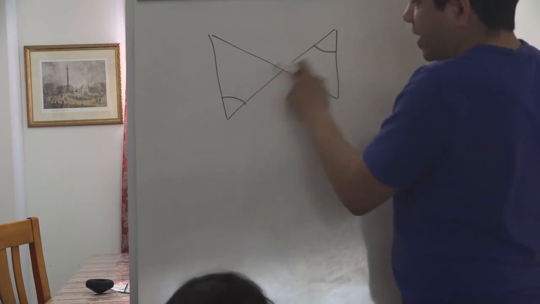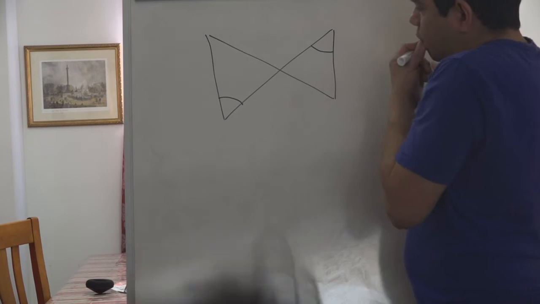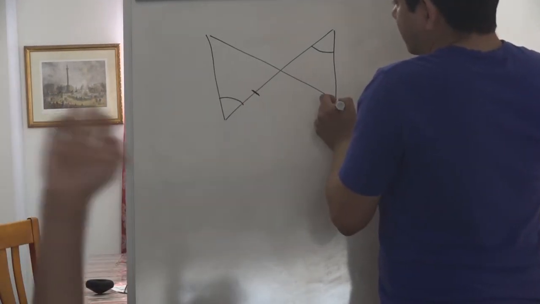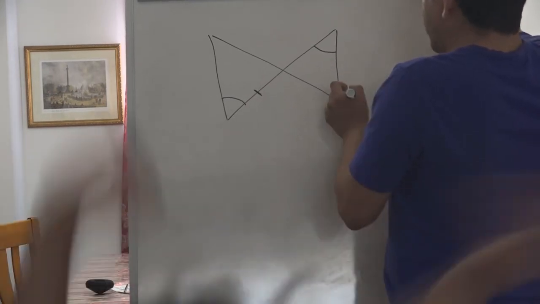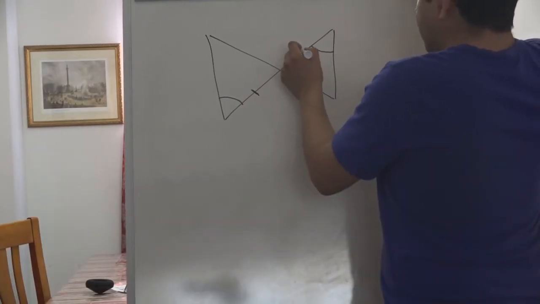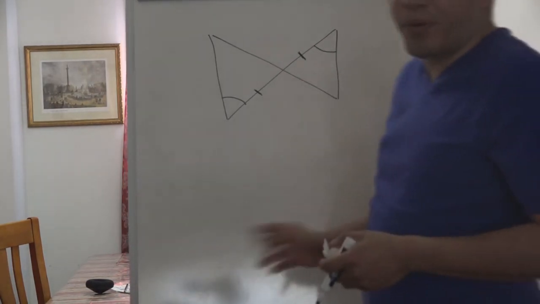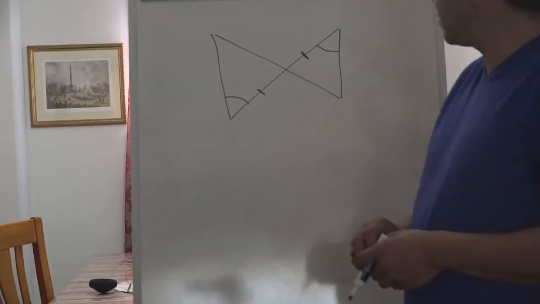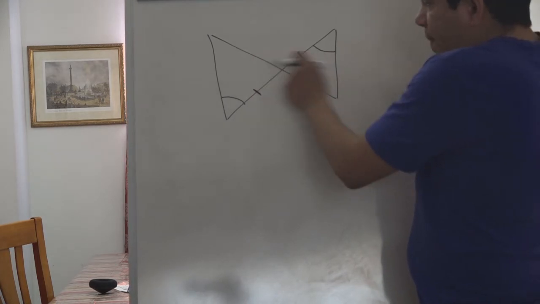Because that's basically what it is. This side is congruent to this side right here. Alright, I'm gonna say that this is the midpoint, whatever. Now these two triangles are congruent by what?